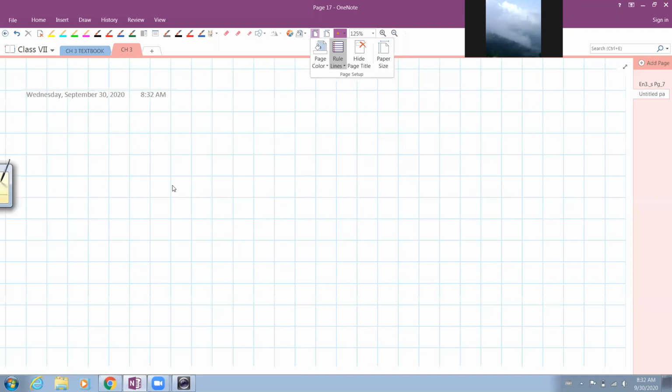Okay, so this is how your graph copy looks like, right? Start with the horizontal axis.